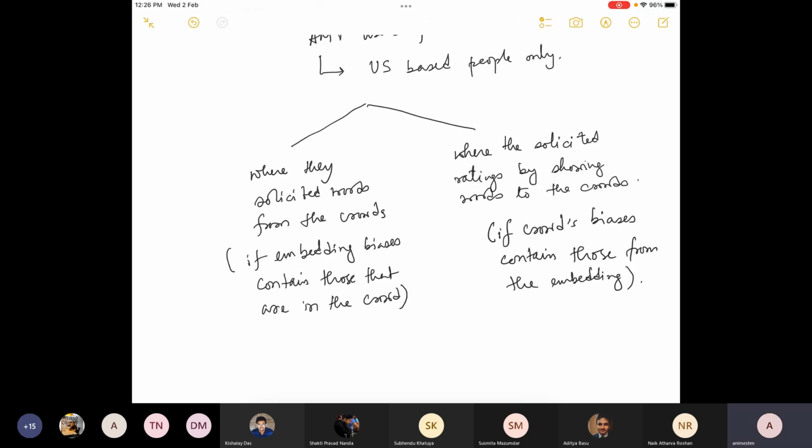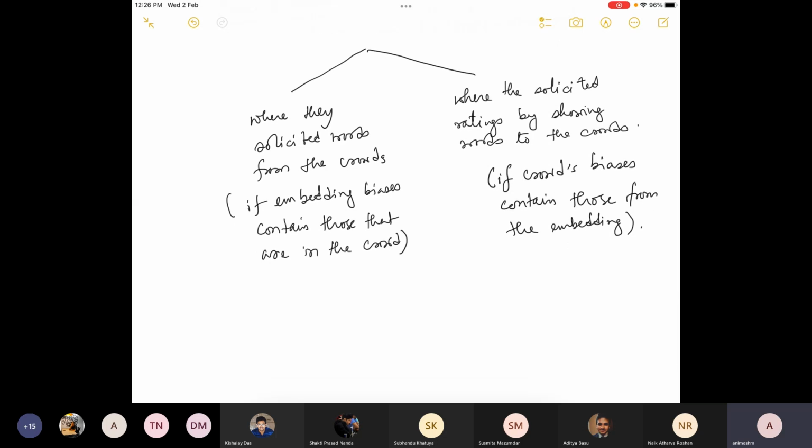Okay, so two types of experiments they did. One was where they solicited words from the crowd. They asked the crowd that, okay, give us some words which you think are stereotypical. Okay, and the other one, they gave the crowd some words and asked them to rate those words as whether they are stereotypical or not. Okay, so for each word, 10 crowd judgments were taken.